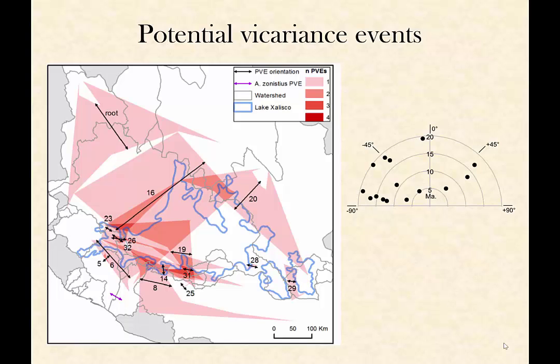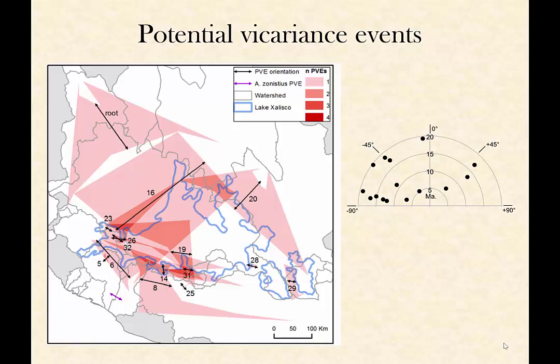We've got a disjunction that's going that way. Here we've got disjunctions going that way, that way, that way. If we plot the orientation of the disjunctions, we can see the vast majority of them are in one quarter. They're all going this way. They share the same direction. There's a few that go that way, most go this way. And this is, I think, linked to the geological large-scale tectonic changes and patterns of volcanism, but I won't go into that right now.